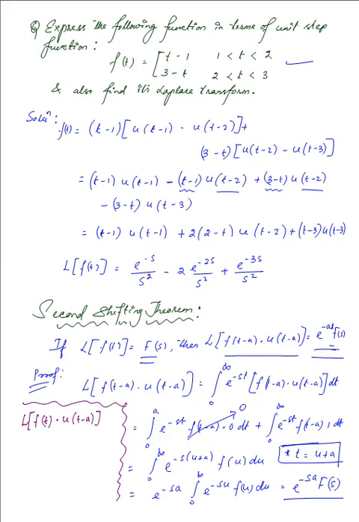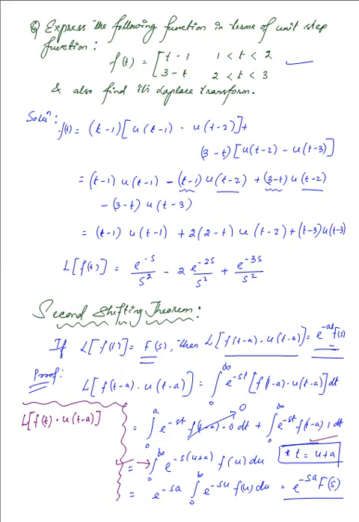I would like you to consider this line over here. In this line, we are trying a substitution, that is, t is equal to u plus a. So t is equal to u plus a in that case.